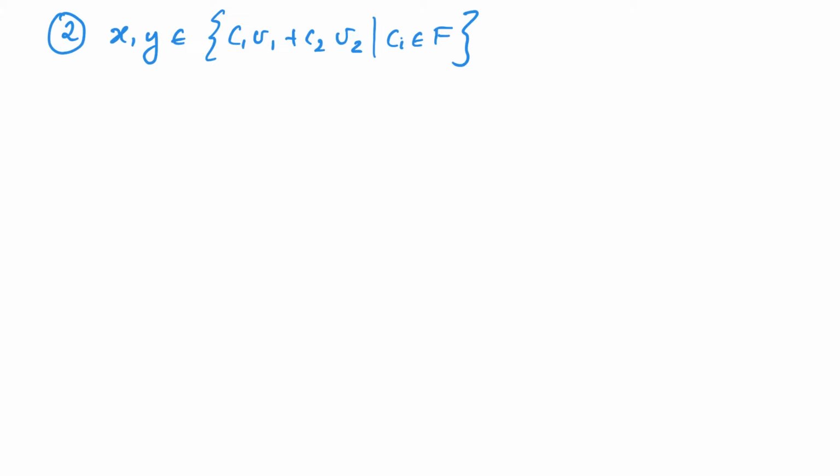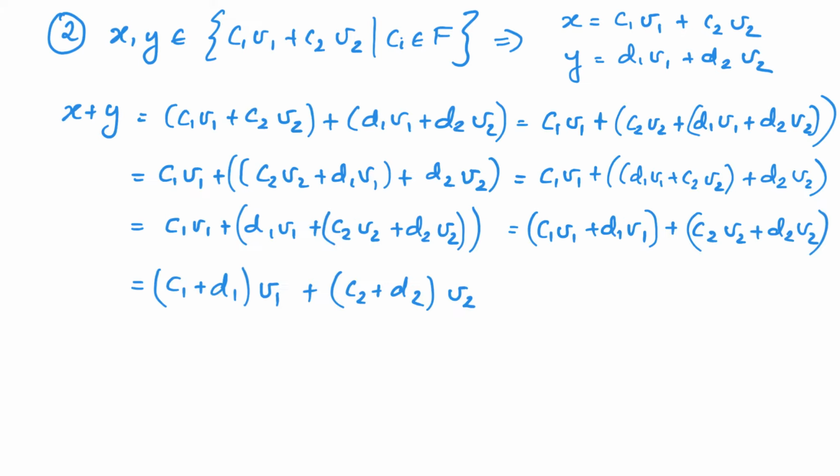Let us now similarly prove that this set is closed under vector addition. To show that this set is closed under vector addition, we take two arbitrary elements x and y from the set, and notice that as they belong to the set, we can write x is equal to C1 V1 plus C2 V2 and y is equal to d1 V1 plus d2 V2 for some scalars C1, C2, d1, d2 from F. Therefore, we can represent x plus y as C1 V1 plus C2 V2 plus d1 V1 plus d2 V2.